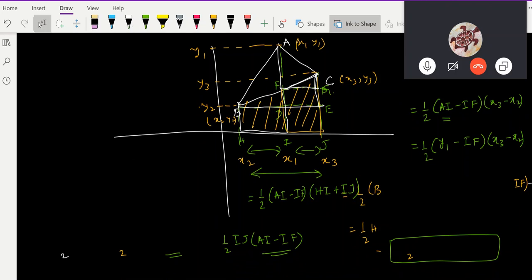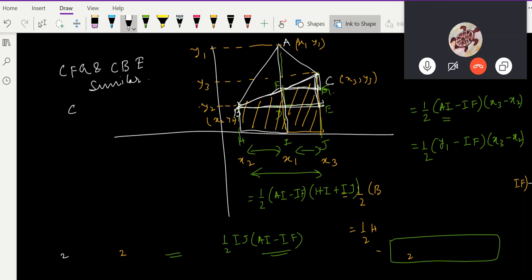Triangle CFG and CBE. These two are similar. So which sides are proportional? CB upon CF. Okay, I won't take CB.